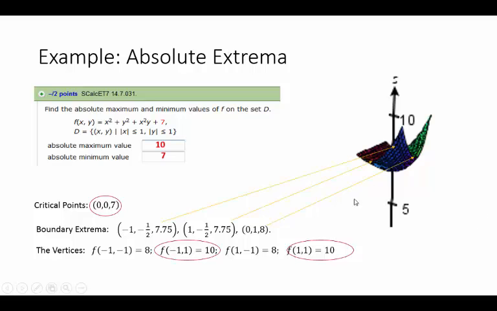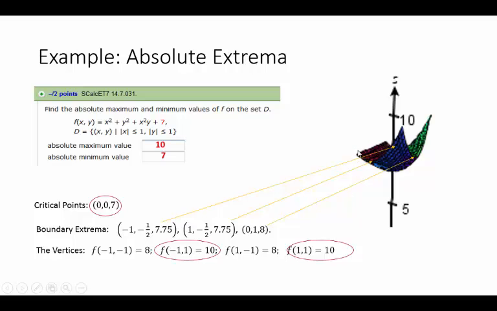What do we have here? We have the point negative 1, negative 1/2, and a z-value of 7.75 happens in a couple of places. It happens on the boundary where the graph kind of dips down, and that's where we see it. Also, on the other boundary, we saw that 0, 1 gave us a critical point with a z-value of 8.